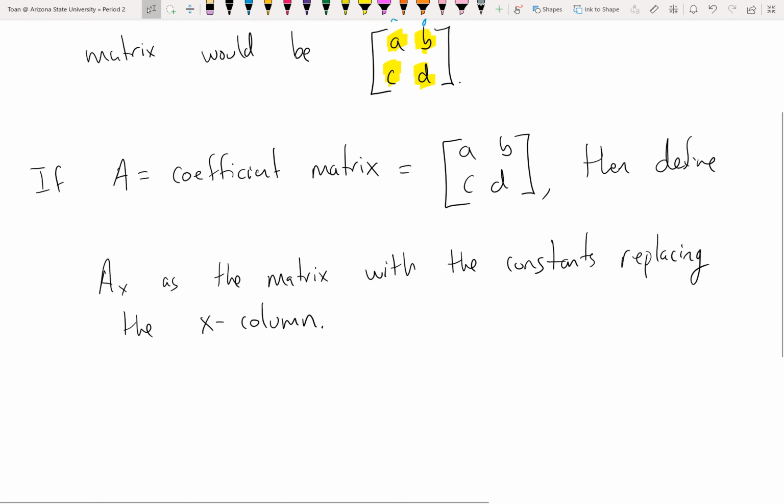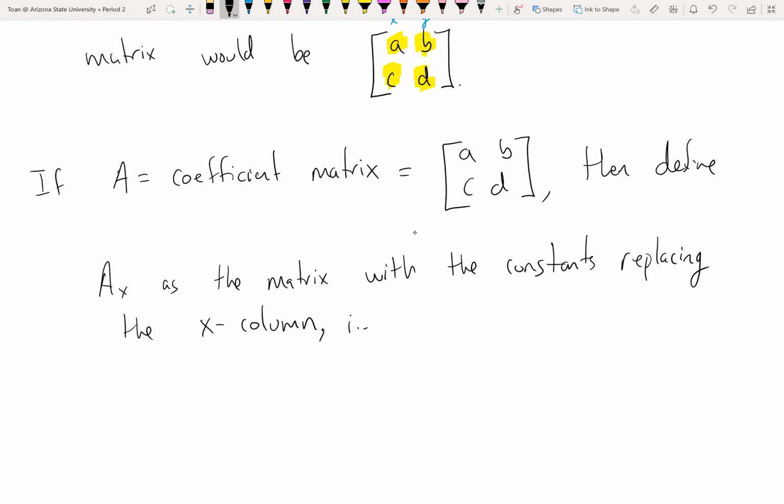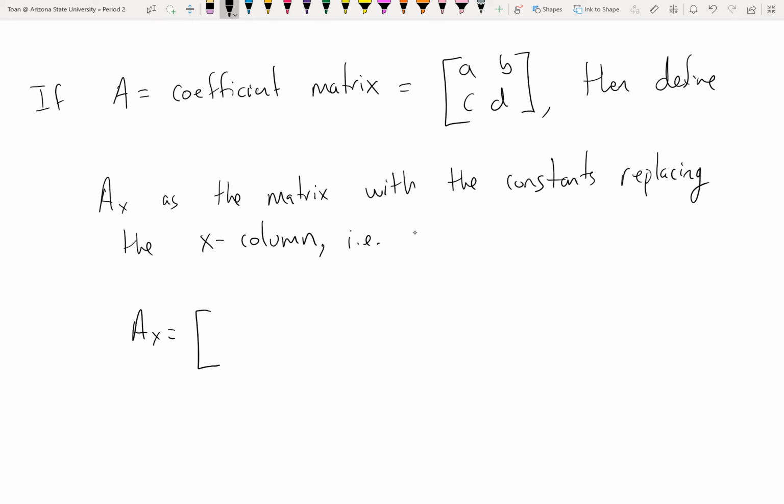So in other words, A sub x equals, don't write this down because I'm going to do some erasing. I'll tell you when to write it down. It's taking the original coefficient matrix, but what you do is you erase the x column and you put in the constants of the problem. So here are the original constants in the x column. Does that make sense?